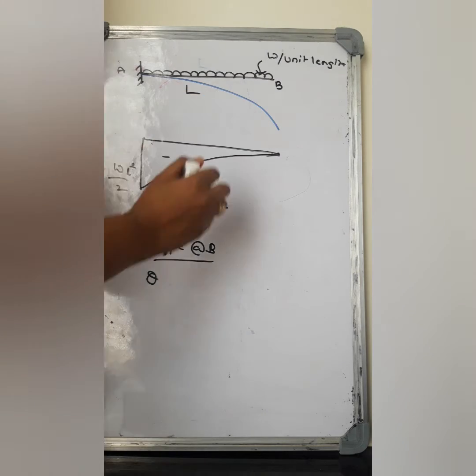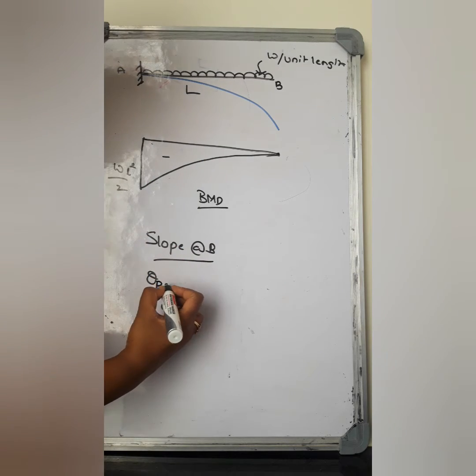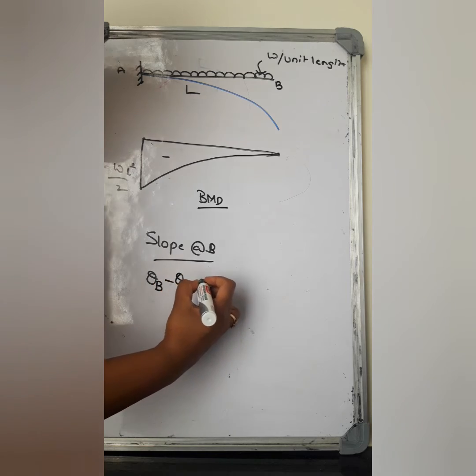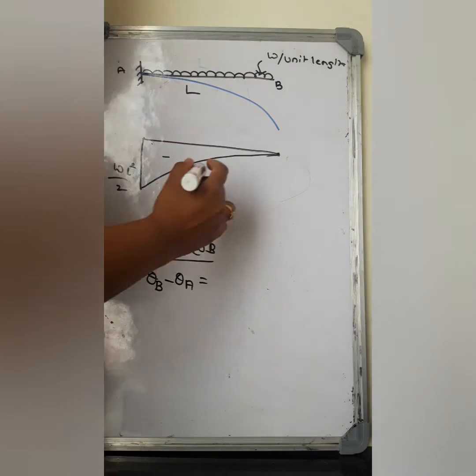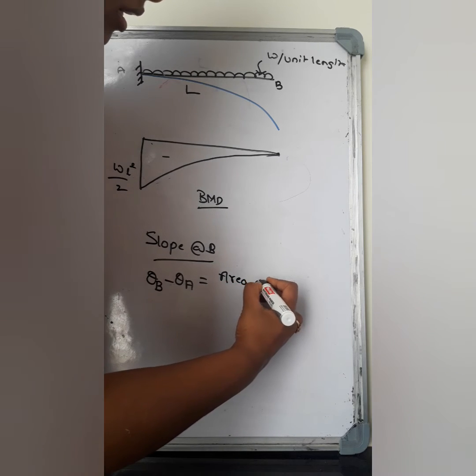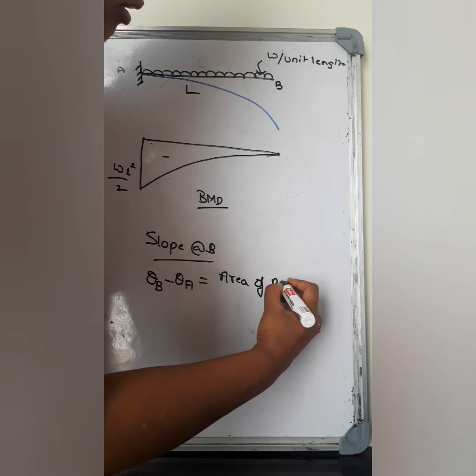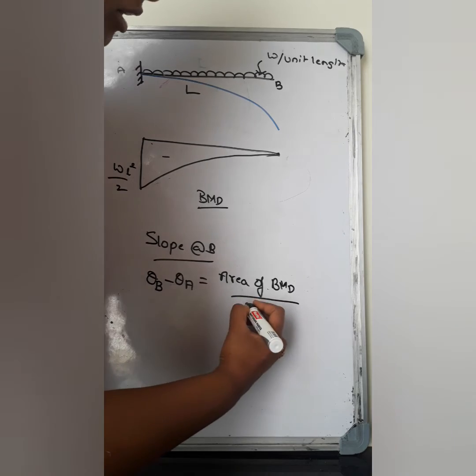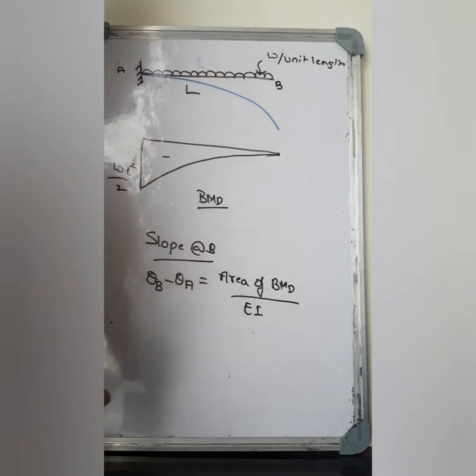So basically theta B minus theta A is equal to the area of the BMD divided by EI.